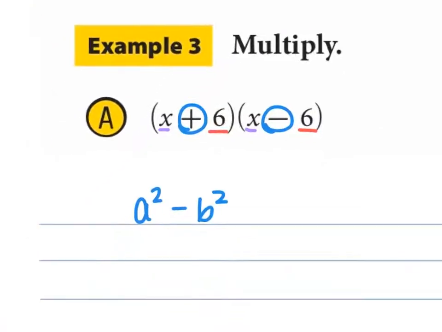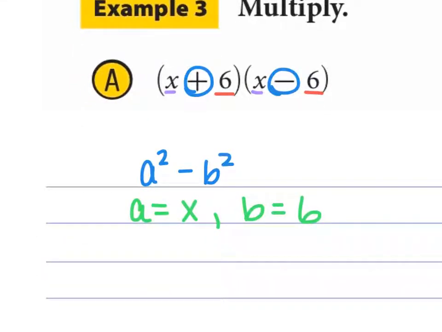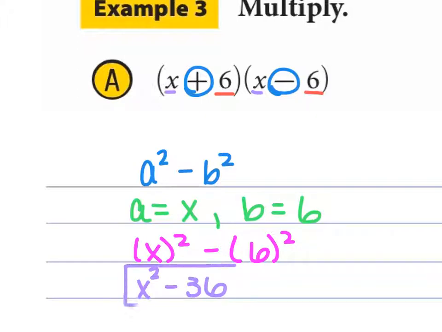So our a for this one is going to be x, and our b is 6. So this is going to become x squared minus 6 squared. The x squared is x squared, and then keep the negative. The 6 squared is 36, so x squared minus 36.